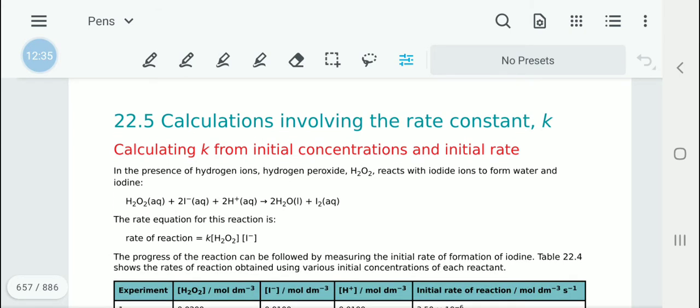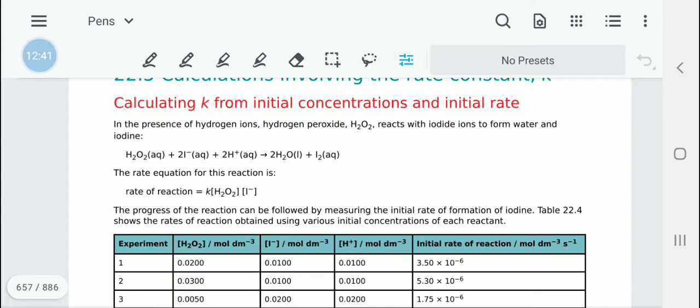Write down: calculations involving the rate constant, calculating k from initial concentrations and initial rate.